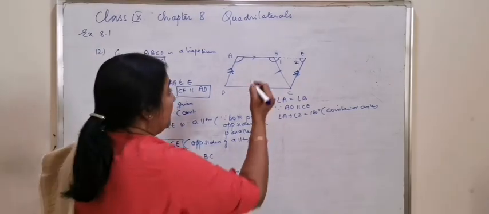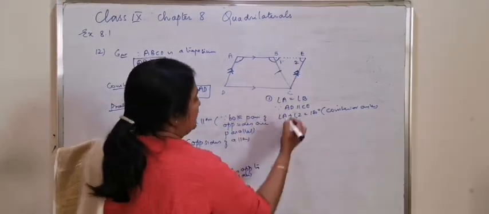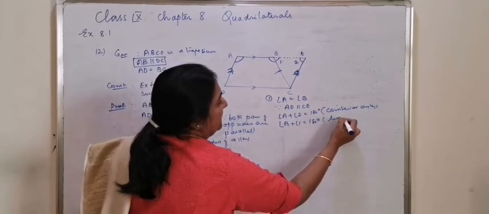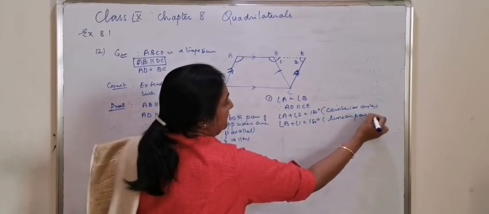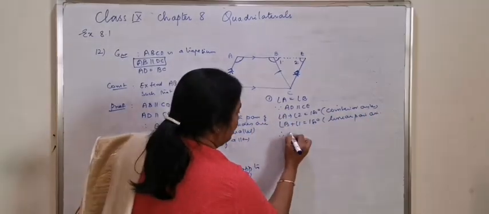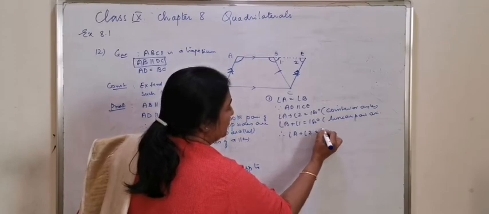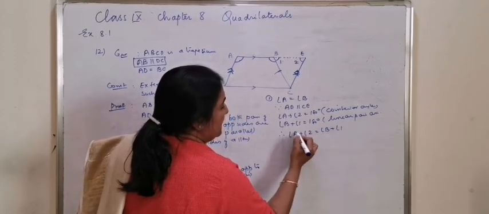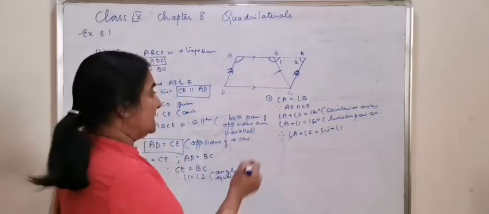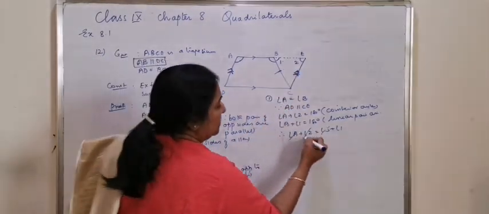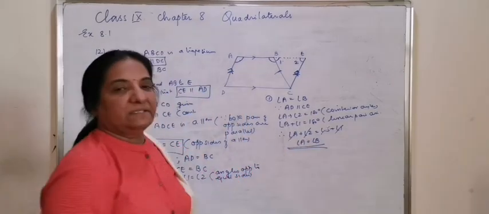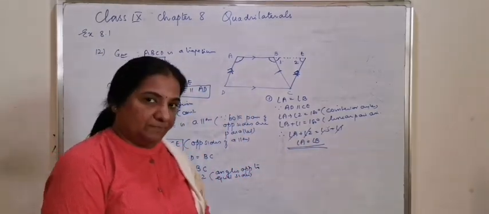The second pair, angle B plus angle 1 is equal to 180 by linear pair axiom. Equating, angle A plus angle 2 is equal to angle B plus angle 1. Since 1 and 2 are equal, angle A is equal to angle B. The first part is proved.